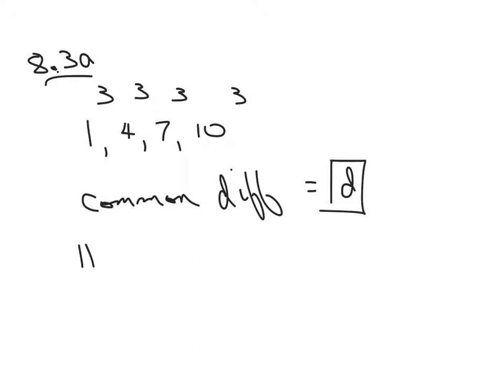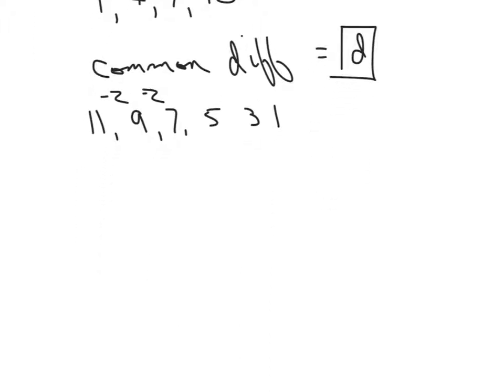So if I had 11, 9, 7, I would know, because there's a common difference of -2, I took 2 away from each one of these, that I've got 5, 3, 1. If I were to have a list of numbers, a list of terms, and I went from 1/2 to 2/3 to 5/6, the way that you would find the next number is to know what the difference is between each of these, and it will always be the same.